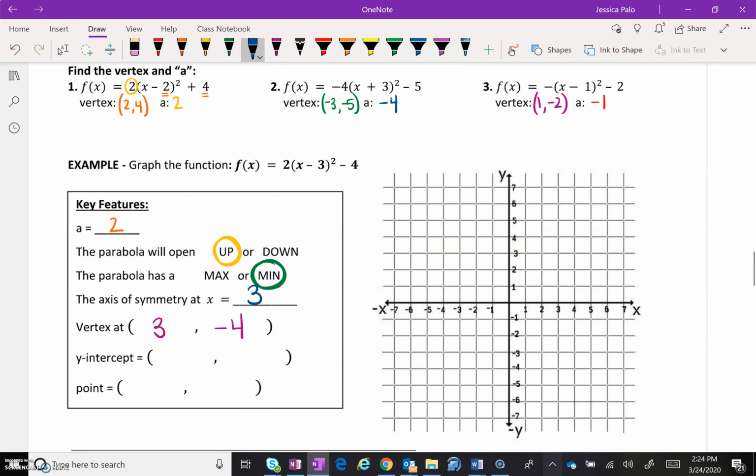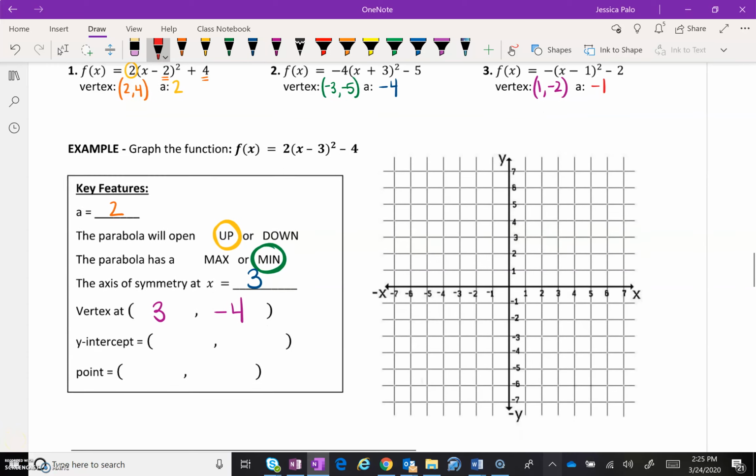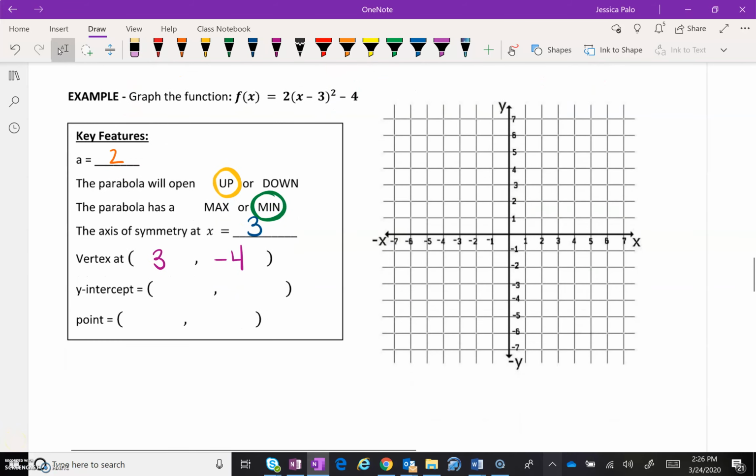Now, what is the y-intercept? To find the y-intercept, we need to do some math. We're going to plug 0 in for x so that we can solve for y and find the y-intercept.